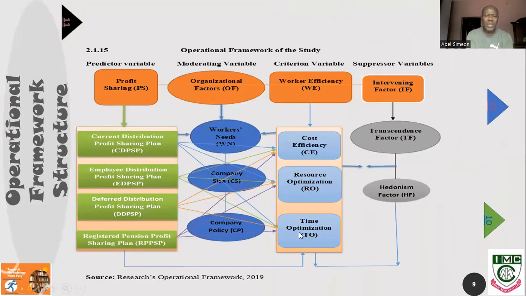This is what I mean. You can see this operational framework. There's a link between the measures and the dimensions, each linking each other. This is the operational framework, the relationship among the variables.